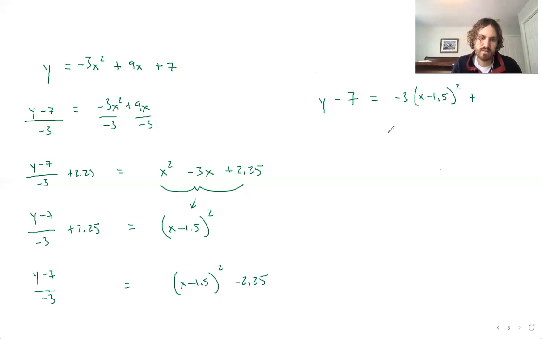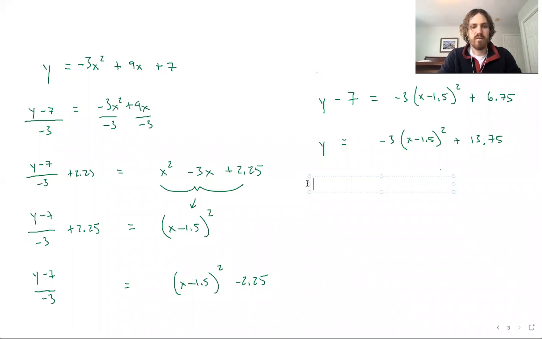I think that's 6.75, so plus 6.75. Then I'll finally add 7 and get y equals negative 3 times x minus 1.5 all squared plus 13.75.